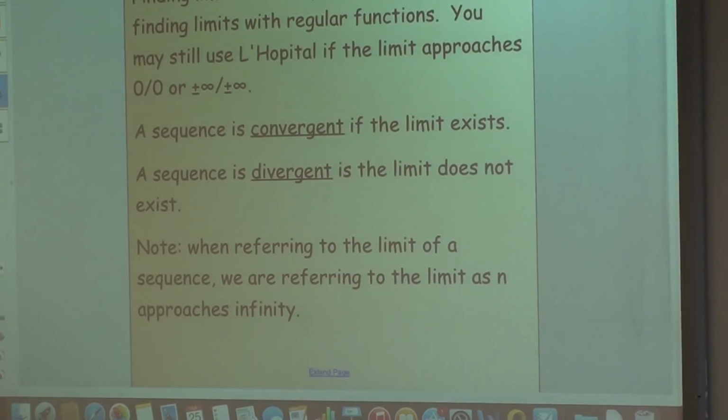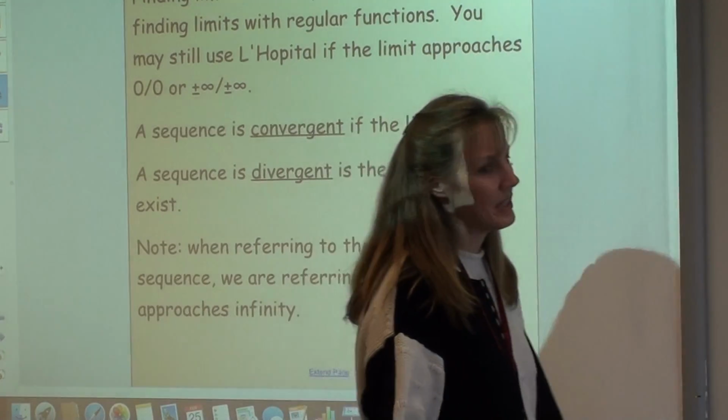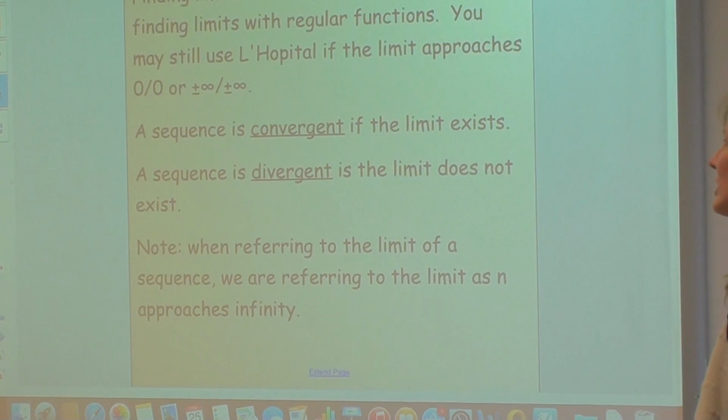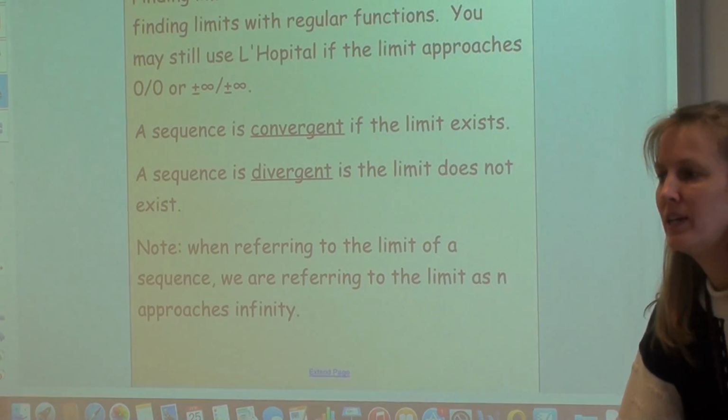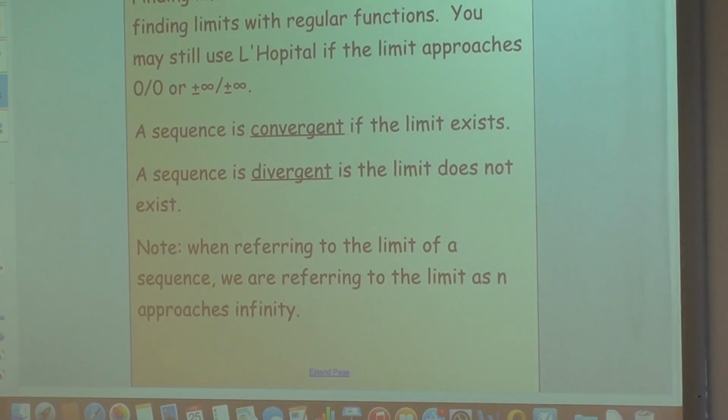Finding limits with sequences is the same as finding limits with functions. You can use L'Hopital if you get a 0 over 0 or an infinity over infinity. Here's the big thing. A sequence is convergent if the limit exists. A sequence is divergent if the limit does not exist.